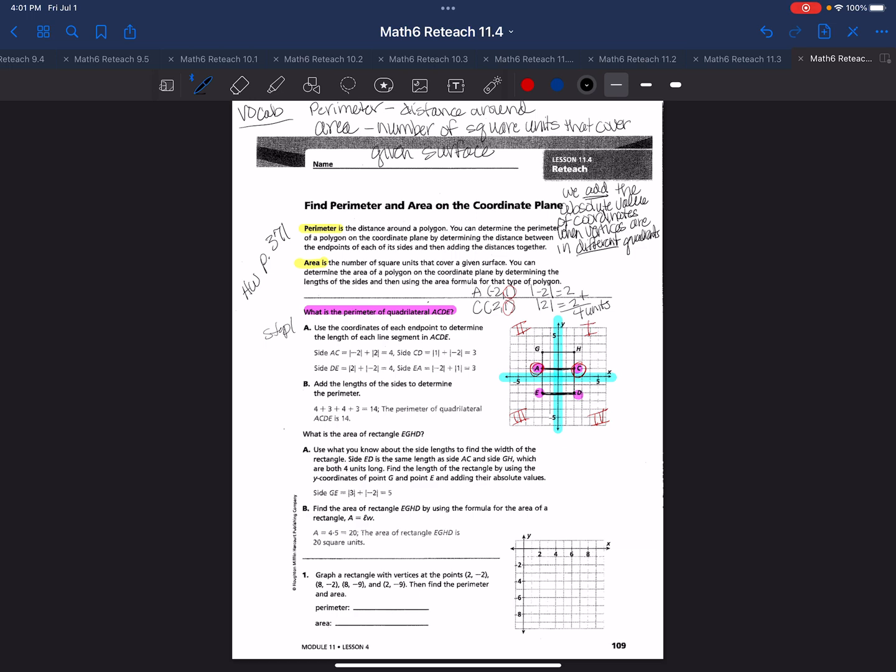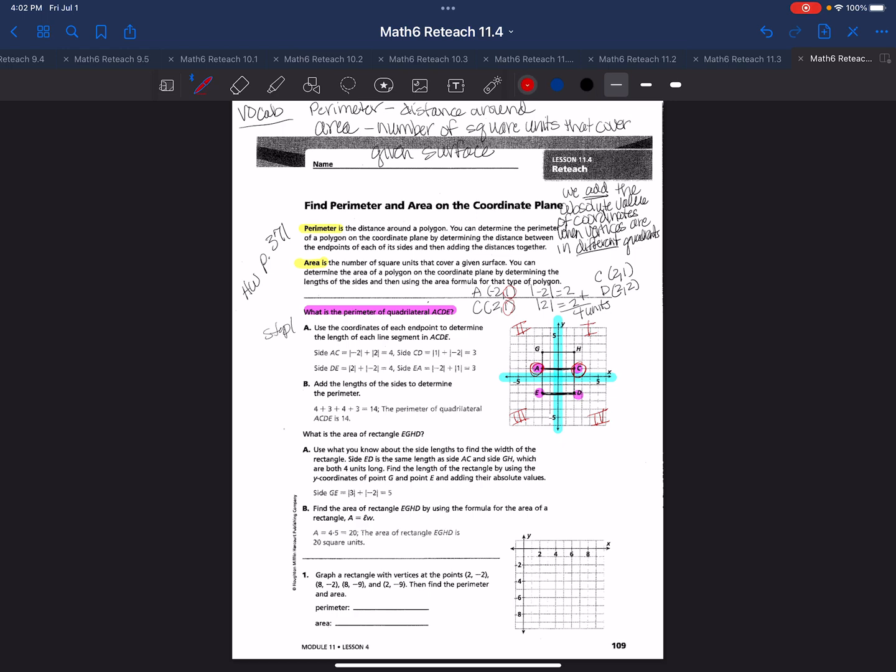Now we need to find the side length D and E, which would be exactly the same because it's a quadrilateral. Okay, now let's do C and D. I know that C is 2, 1, and D is 2, 2.